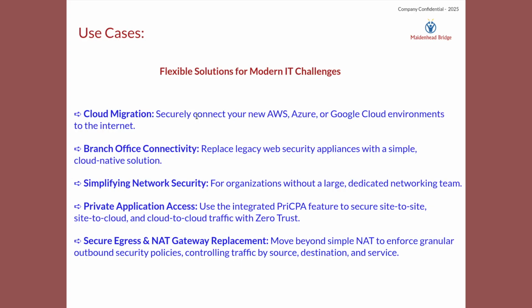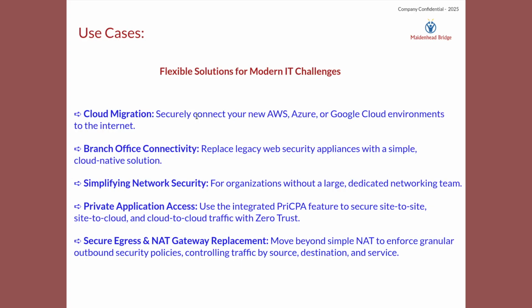Then the next use case, which is what this demonstration is all about, is private application user access. Use the integrated PriCPA feature to secure site-to-site, site-to-cloud, and cloud-to-cloud with zero trust. And as we mentioned, you can also secure your egress from your Azure environment using the advanced NAT functionality.